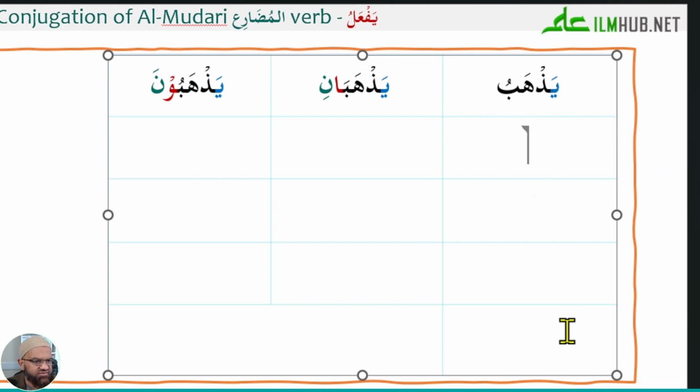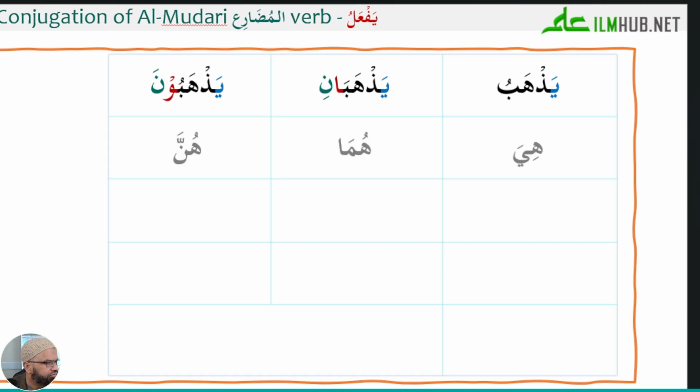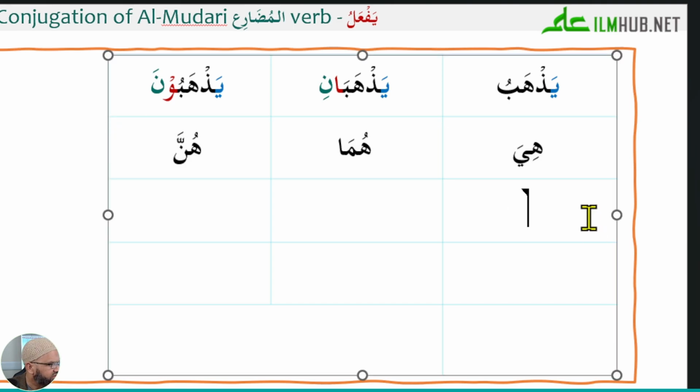Now the next we have here should be the hiya version, then we have the huma, and then we have the hunna version. So huwa yadhhabu. Hiya is exactly the same as yadhhabu, except the harf of al-mudara now becomes ta.